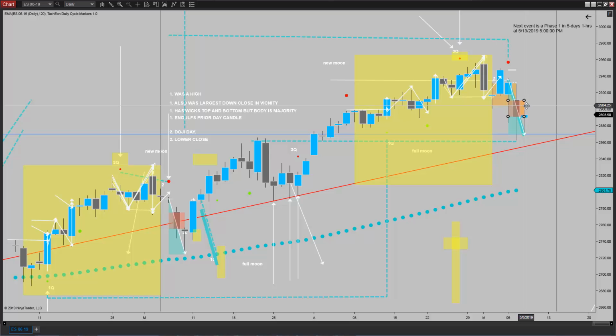Very similar in terms of body heights. So there are clues being laid here in terms of what's anticipated or expected. And so tomorrow, I would suspect overnight into tomorrow's close, we see the potential now for this to accelerate the other way. So let's just measure that really quickly.